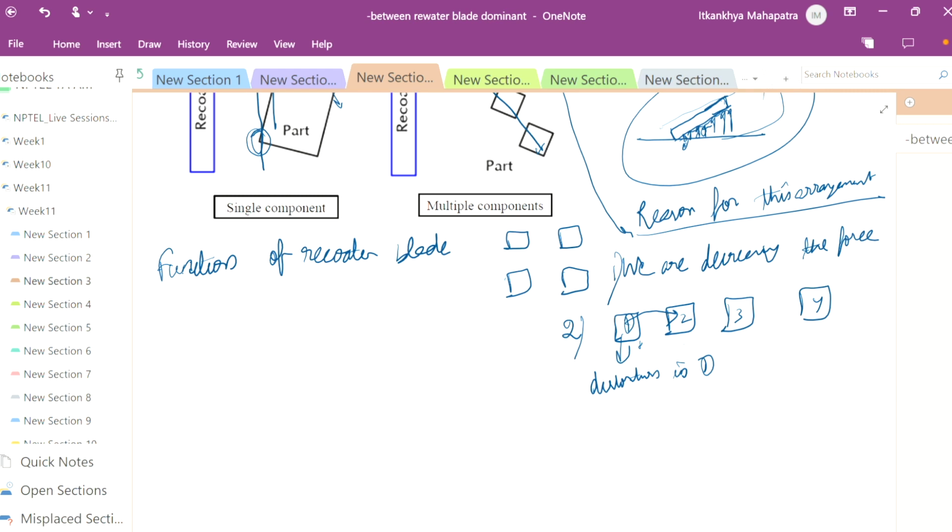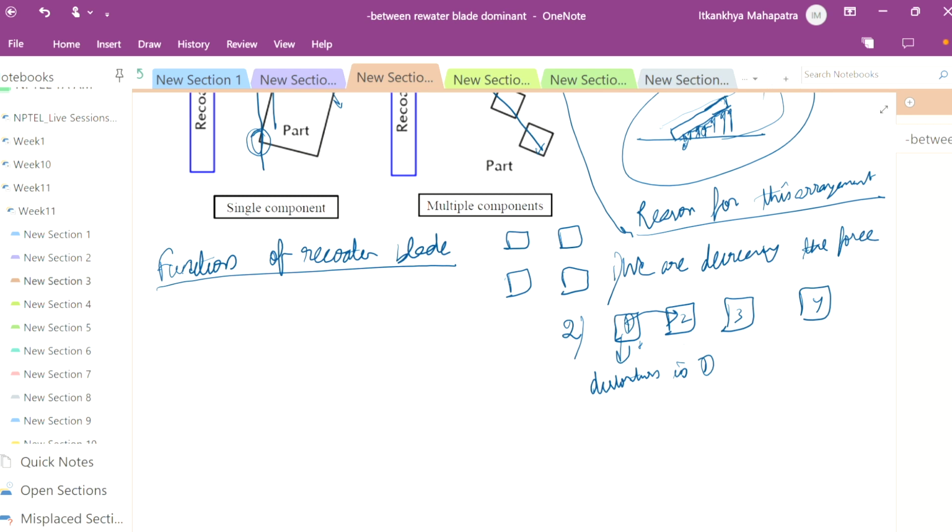So if our component is inaccurate, it is always wise to stop the printing at that point itself. Rather than going for the entire faulty component, it is better not to waste and stop when the initial 20 or 30 percent of printing has been completed. So this is the function of the recoater blade.